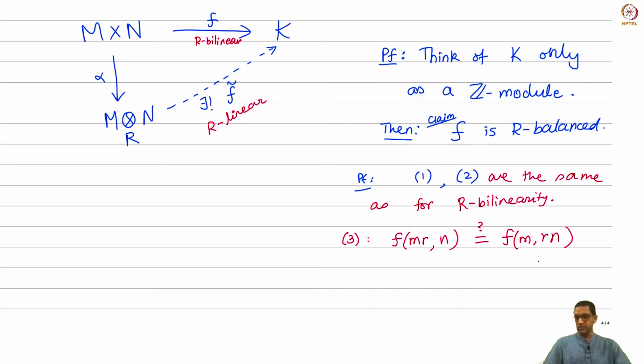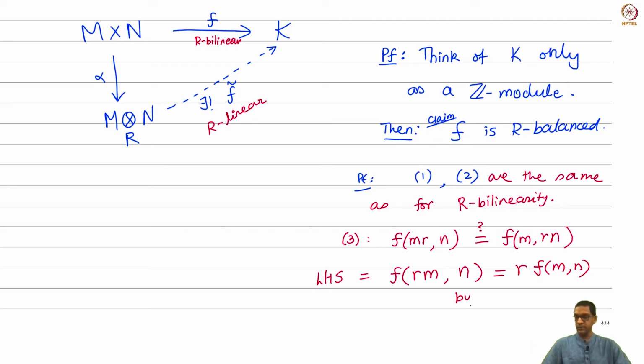So why does this follow from R bilinearity? Let us check. What is the left hand side? Well, f of mr comma n. So what does mr mean? I'm going to do right module action by R, but recall the right module action is just the same as the left module action. And now by bilinearity I can pull the R out.